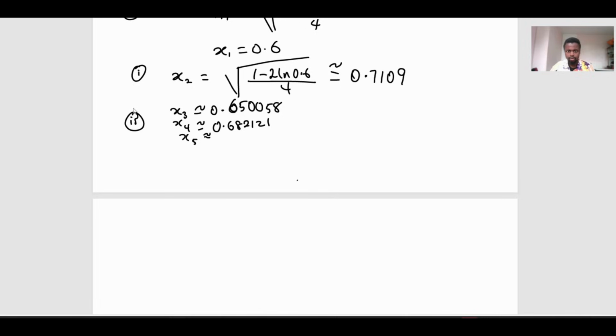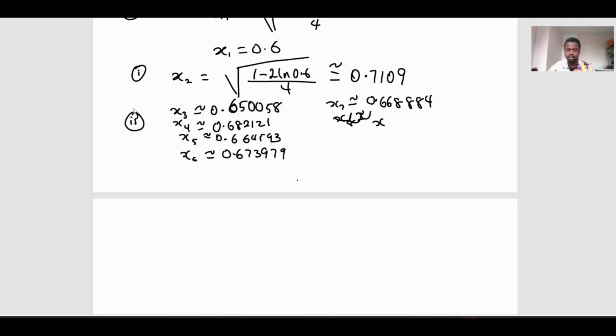X5 gives you 0.664593. X6 gives you 0.673979. X7 gives you 0.668884. X8 gives you, okay, I think I continued, I didn't write that here.